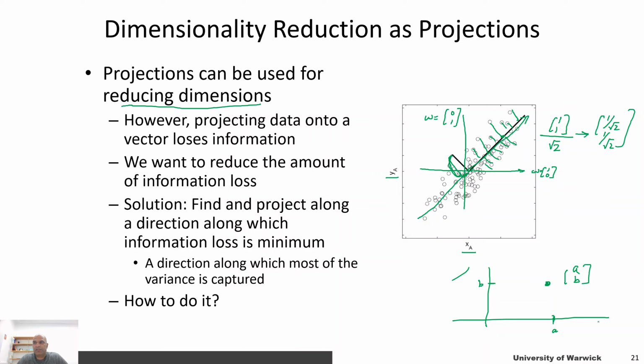If I make a projection along the x-axis, then we'd lose this feature, right? And if I project along the y-axis, then I'm losing the value along the x-axis. But if I project it along 1 over square root of 2, 1 over square root of 2, we do that by taking the dot product of this vector with this direction vector, and that comes out to be 1 over square root of 2 times a plus 1 over square root of 2 times b.